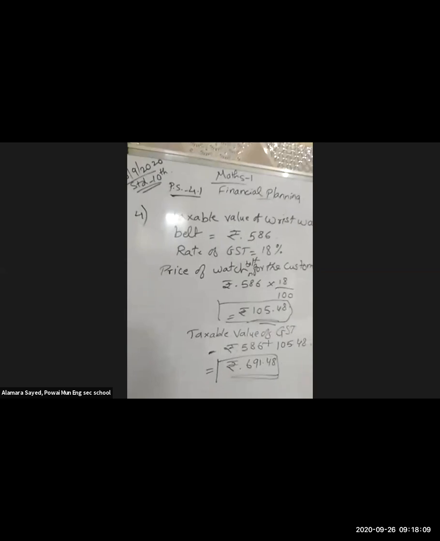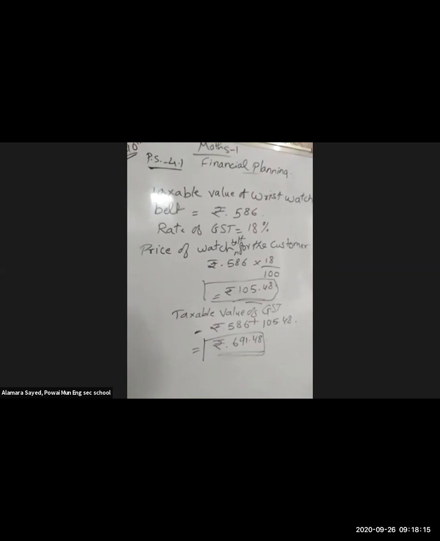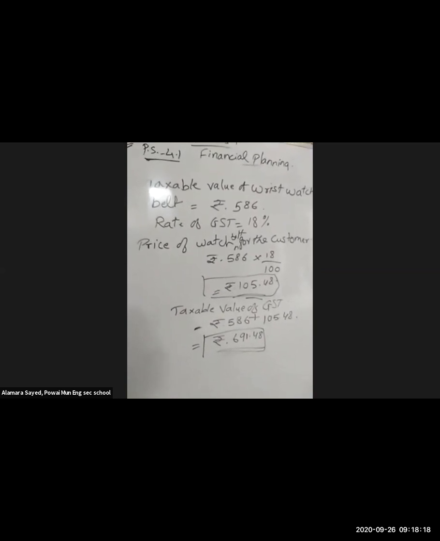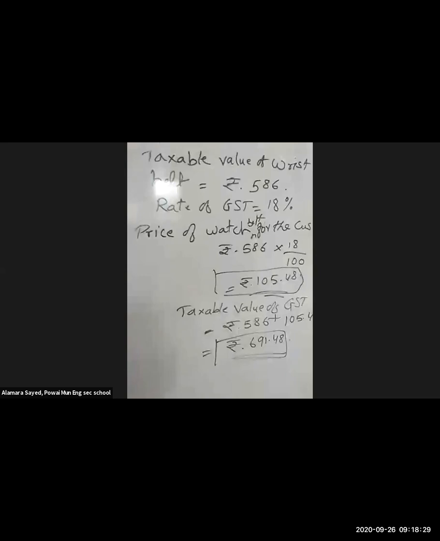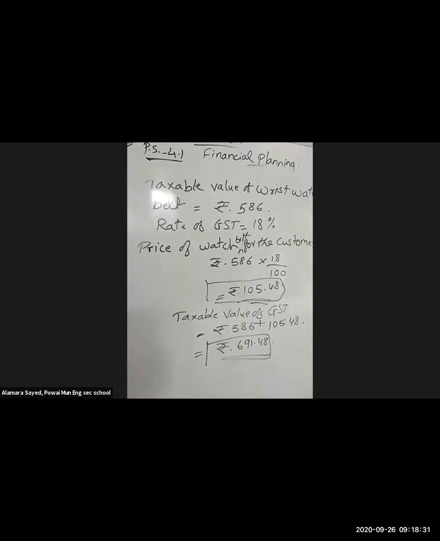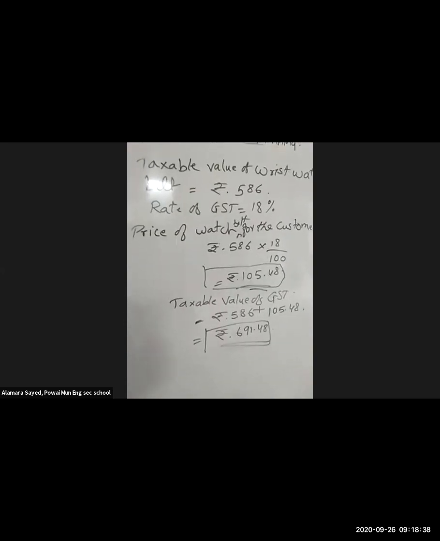Now see here students, taxable value of wristwatch belt is given 586, rate of GST is given 18%. GST amount is 586 into 18 upon 100, that is rupees 105.48. So total will be rupees 586 plus 105.48, that is rupees 691.48.